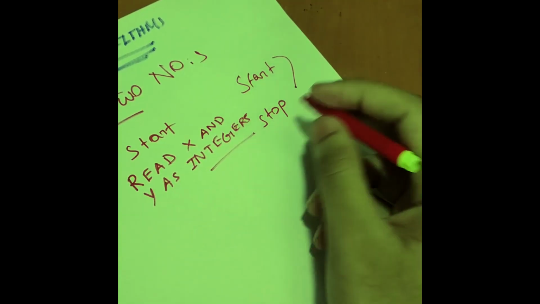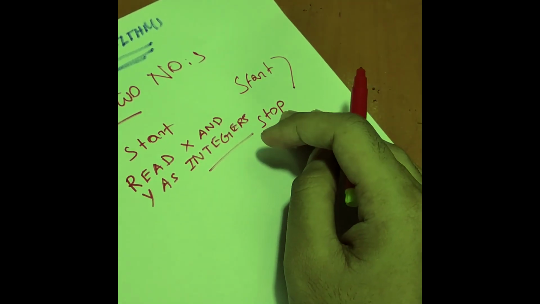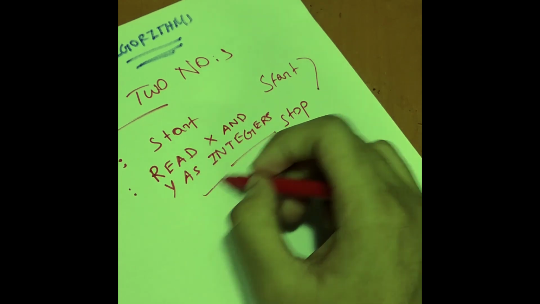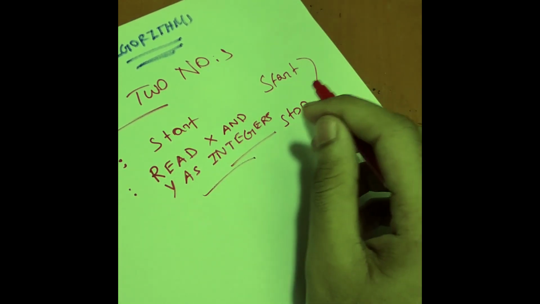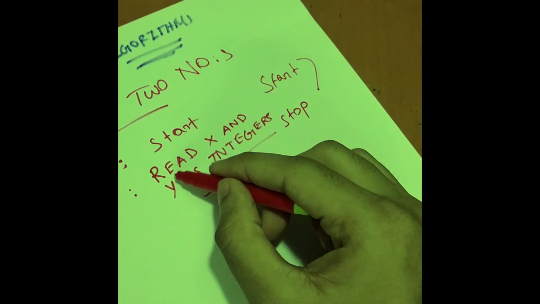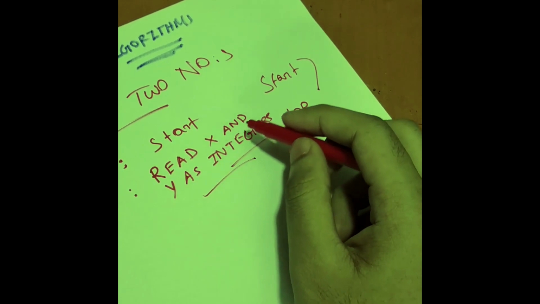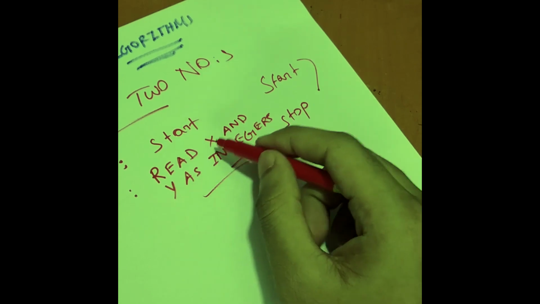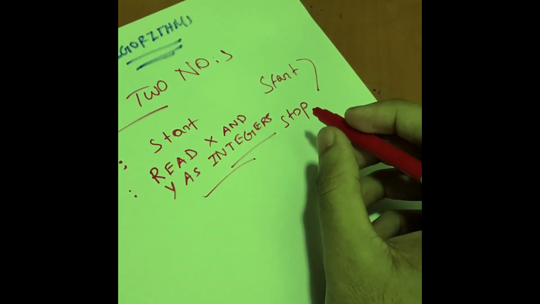Integers means that x and y should be numbers like 1, 2, 3 up to a million, up to infinity actually. So x and y should be integers, else how can I sum two characters? If I input x and y as characters, then the computer can't do the sum of characters, right? So I have to initialize that, read x and y as integers.